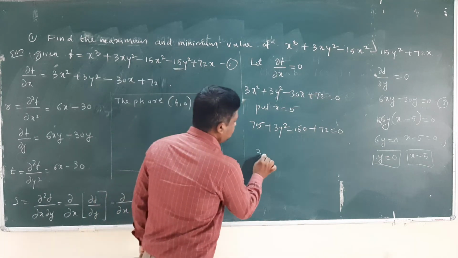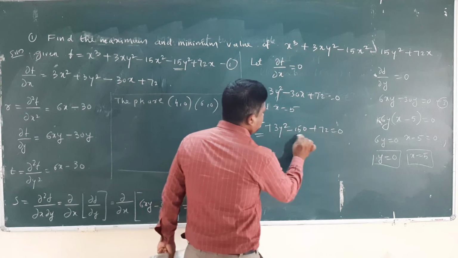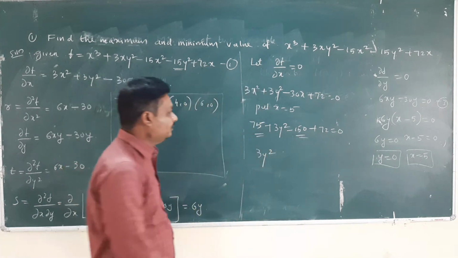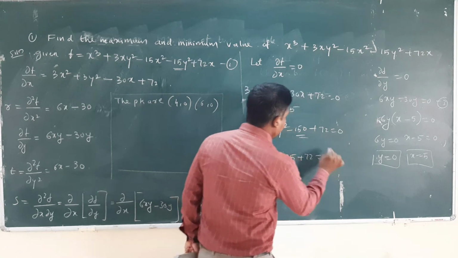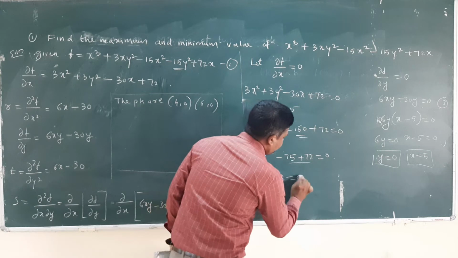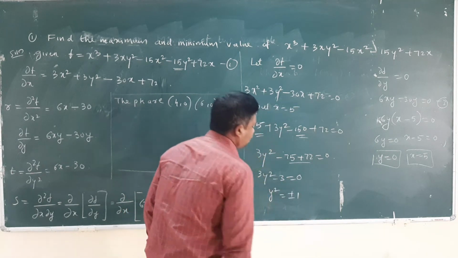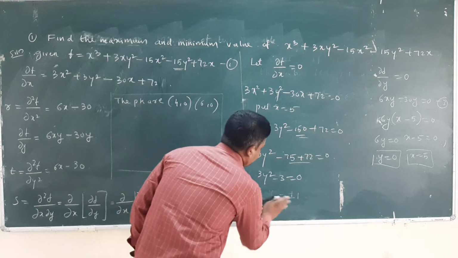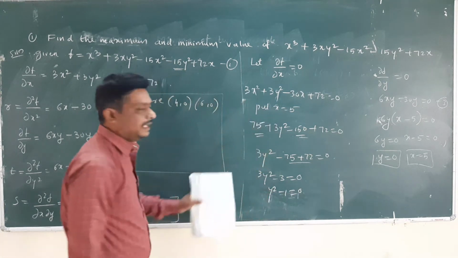So 3y², 150 minus 75 is minus 75, plus 72, equal to 0. 3y² - 3 is equal to 0. Dividing by 3, y² - 1 equal to 0.